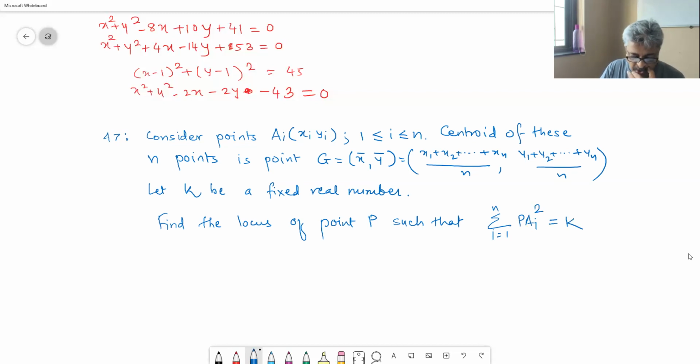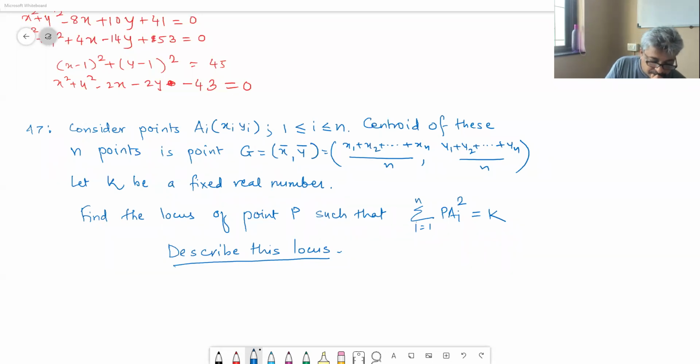Of course k is a positive real number. Describe this locus. Okay, do it.